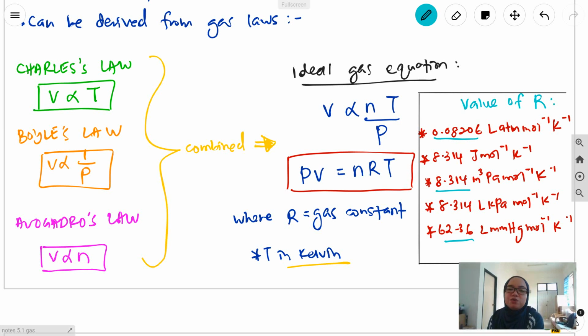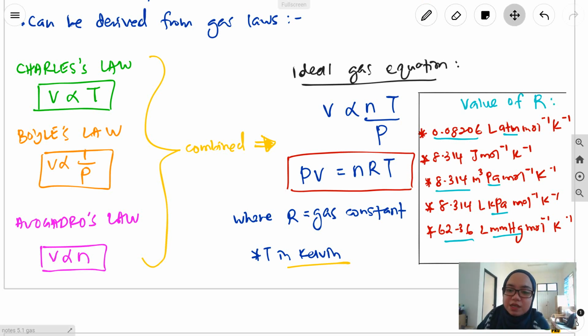So how do you know which value of the gas constant to use? We can look at the unit of pressure, whether they use pascal, kilopascal, mmHg, or atm. Look at that to identify which value of R you want to use.